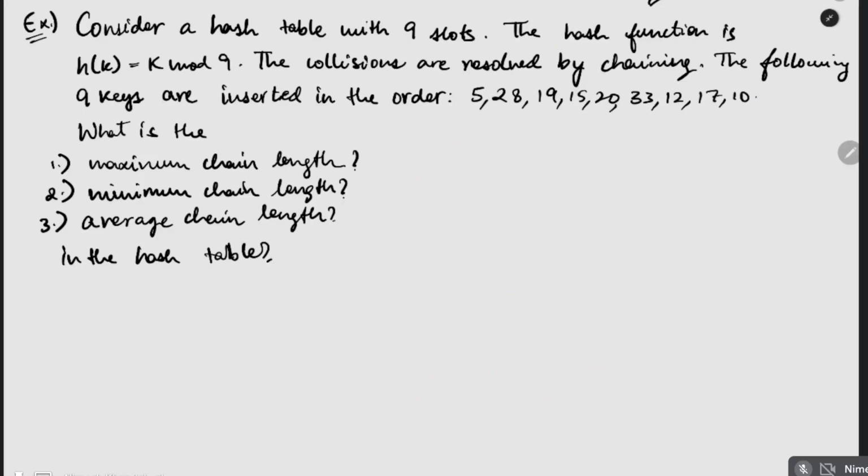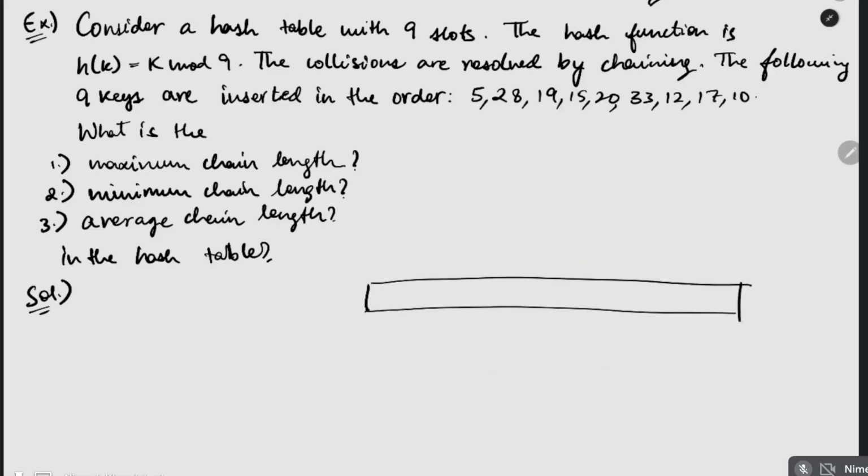Right, so to solve this, we'll again make a hash table and for the given hashing function, we'll start inserting the values one by one.